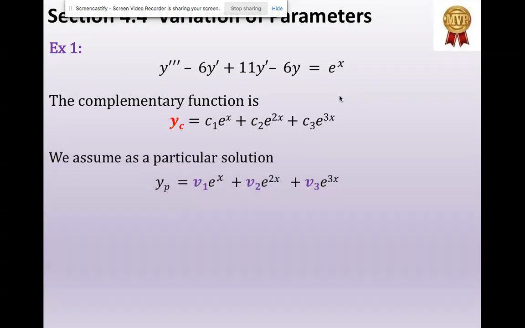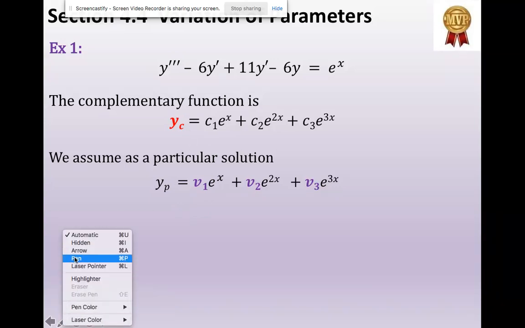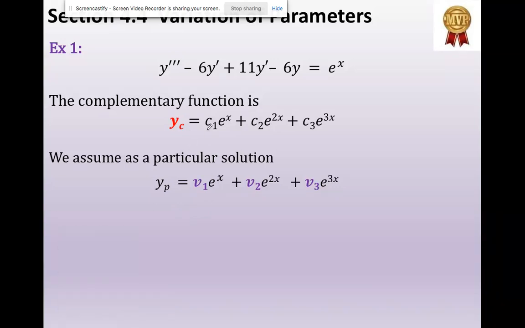So we assume a particular solution, this time not dependent upon the form of the non-homogeneous piece, like the method of undetermined coefficients. For the method of variation of parameters, how we decide upon our particular is we just replace all these coefficients with unknown functions, v1, v2, and v3, and we're going to try to set up a system where we solve for v1, v2, and v3.